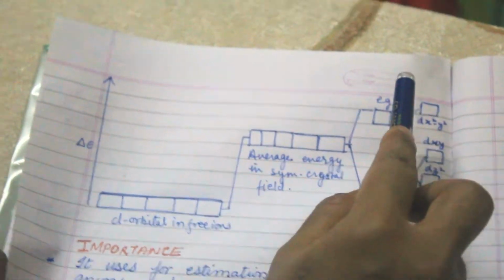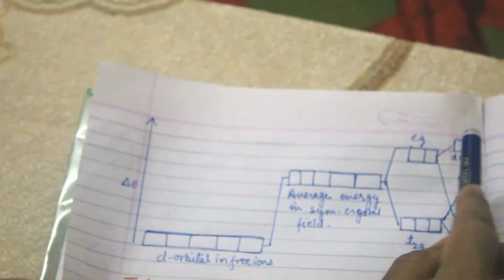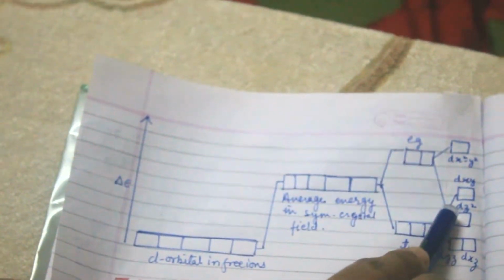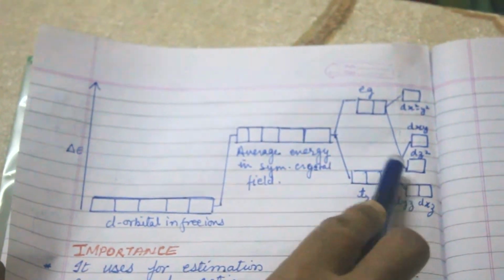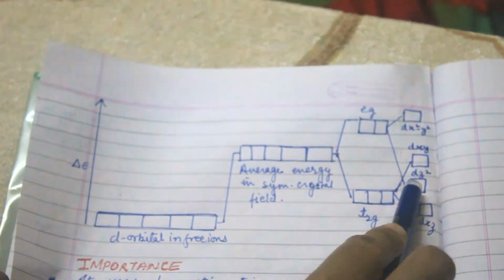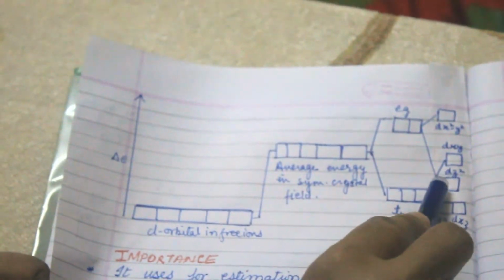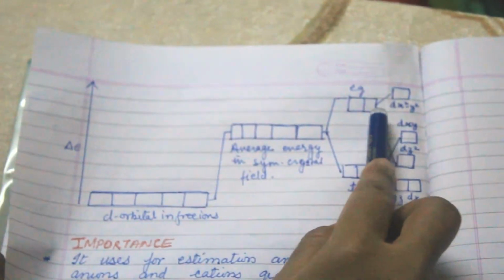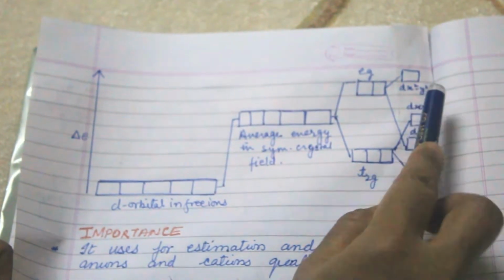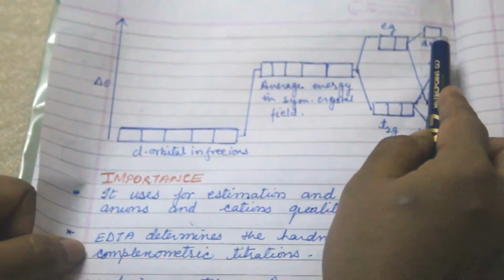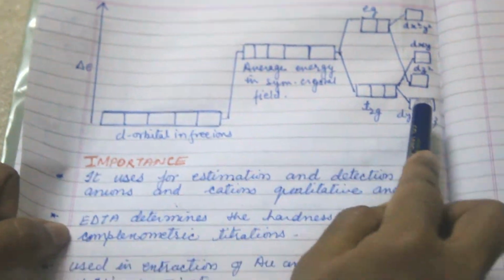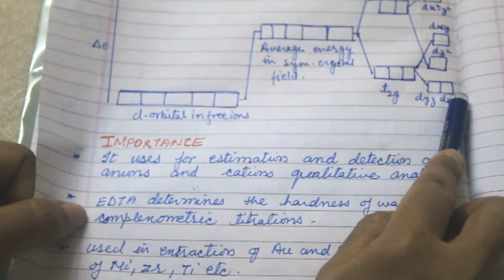Here Eg again has high energy, but these 2 orbitals split into 2 parts. Dz square goes down because the negative charge is removed, so it becomes stable and has low energy. So dx square minus y square has high energy, these 2 lie in between, so they have the next high energy, and these have very low energy.